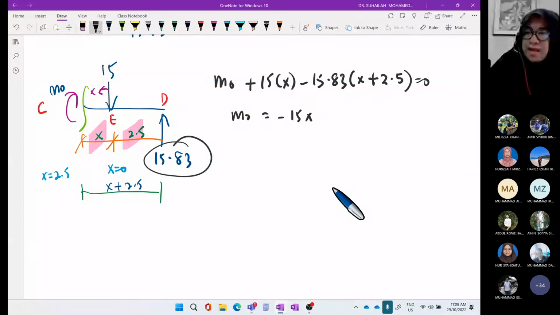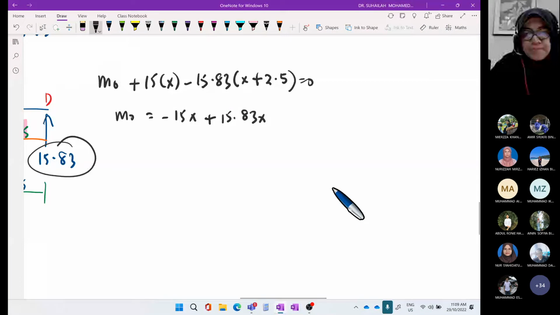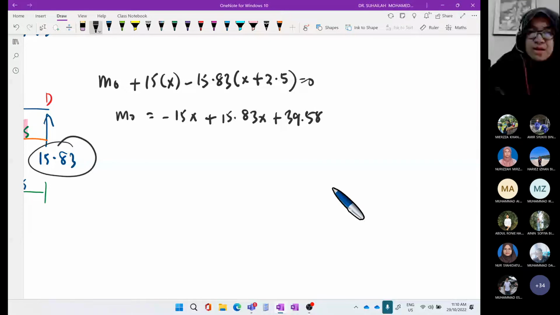Please calculate 15.83 times 2.5: 39.58.